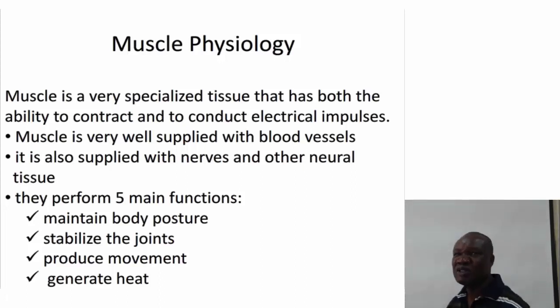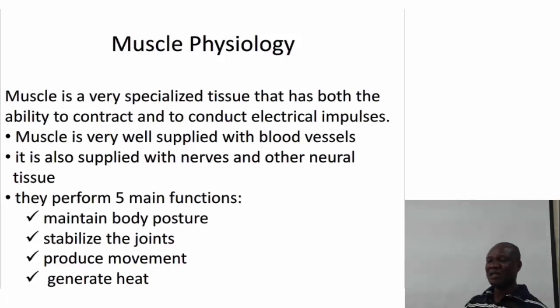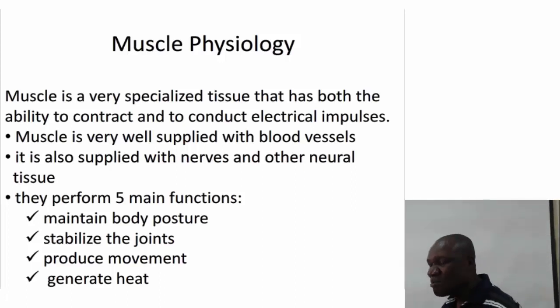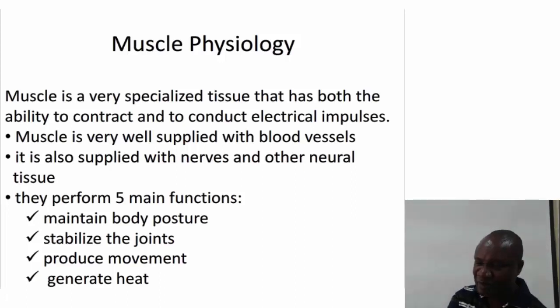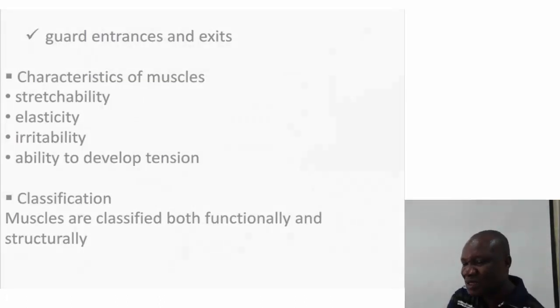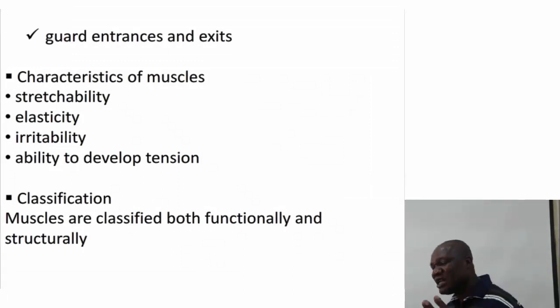If we move about, the movement that occurs in the GIT, the contraction and the beating of the heart, and movement that occur in the blood vessels are all regulated by muscle. Then muscle generates heat as a result of the activity. In the muscle, heat can be generated, and this becomes very important during temperature regulation. And lastly, muscle guard entrances and exits of the body.